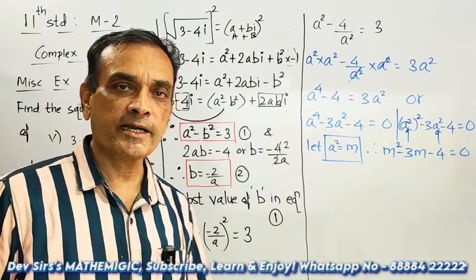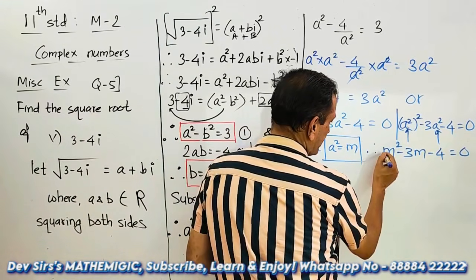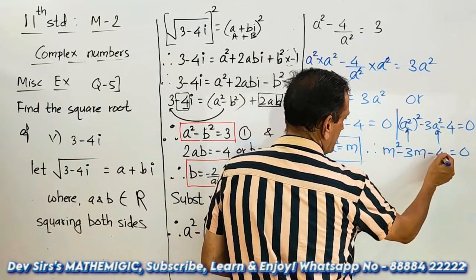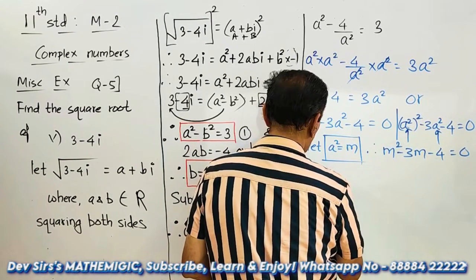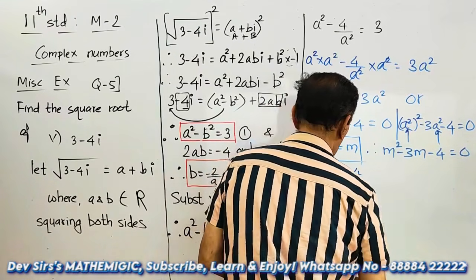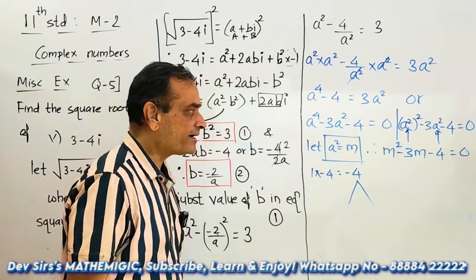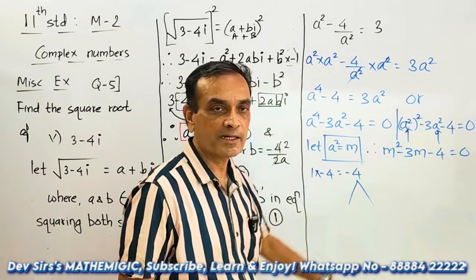How do you solve this quadratic equation? 10th standard method. In front of m squared there is 1, and you have minus 4 here. So 1 into minus 4, minus 4. Factors of minus 4 whose sum is minus 3.